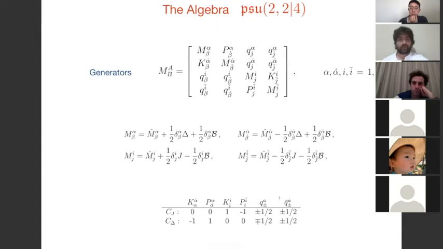So okay, now it's only to fix notation, so I will be using the algebra PSU(2,2|4). Organizing the matrix, I'm not saying that PSU has a matrix representation, but I'm organizing this in this way. I'm showing all the generators here. So we have the usual Q and Q-bar, translation, special translation, that's 32 supercharges.